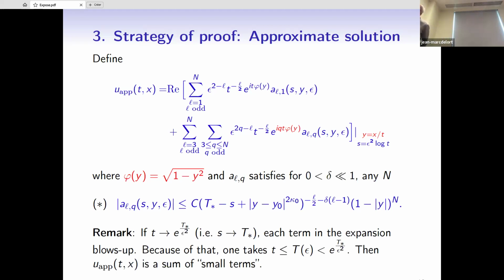This optimization will impose that t stays smaller than some capital T of epsilon, which will be chosen in such a way that it is as close as possible to the blowup time, but not too close, in order that each term in this U hat is small, and actually when L increases is smaller and smaller. On the other hand, of course, we want to take T of epsilon close enough to the T star of epsilon squared, so that the first term, the main contribution, will display this inflation norm that we are looking for.